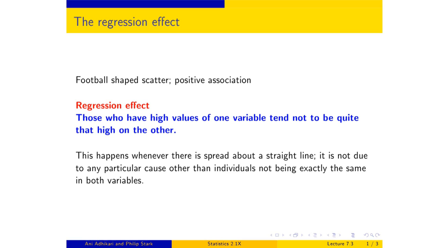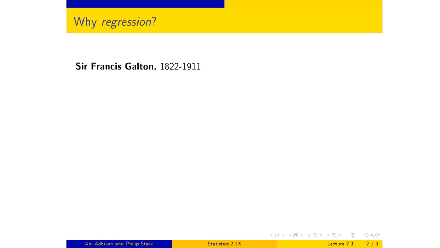Who observed it? It was an astonishing man called Sir Francis Galton, turn of the previous century. This man was a scientist in many disciplines, cousin of Charles Darwin, by the way, and in statistics, he has some phenomenal contributions.